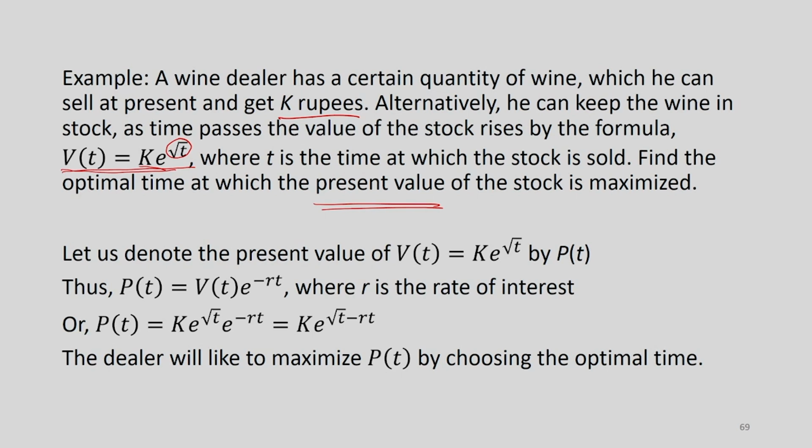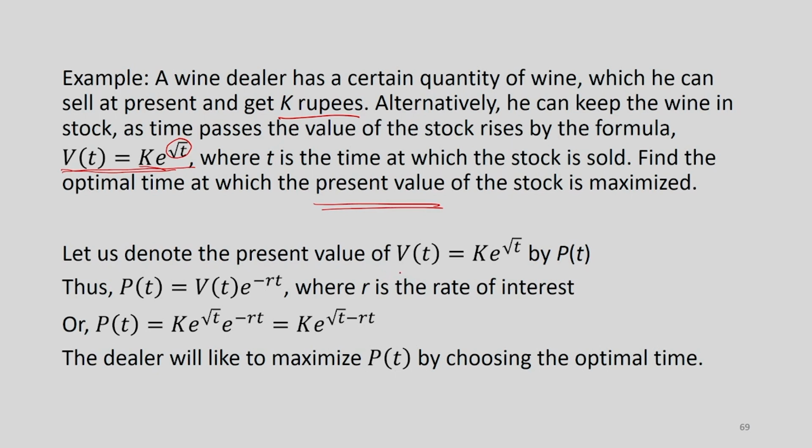This is which we have discussed earlier, how to calculate the present value. That present value will be a function of time, small t, right. T is the point where it is being sold. He wants to solve the problem as to what optimal time t star, let us suppose, gives him the maximum present value. Okay, so that is the problem.